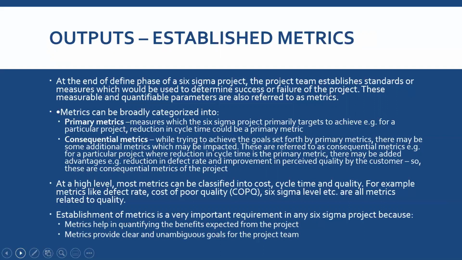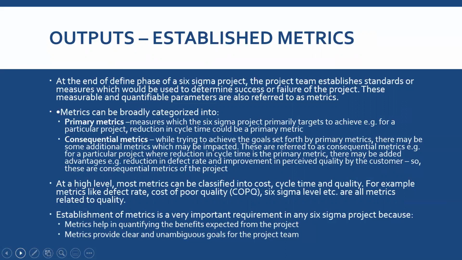These are referred to as consequential metrics, such as for a particular project where reduction in the cycle time is the primary metric. There are added advantages such as reduction in defect rate and improvement in perceived quality by the customer. So these are the consequential metrics of the project.